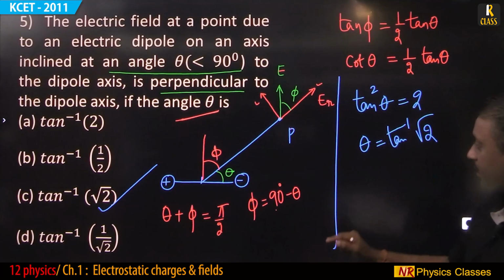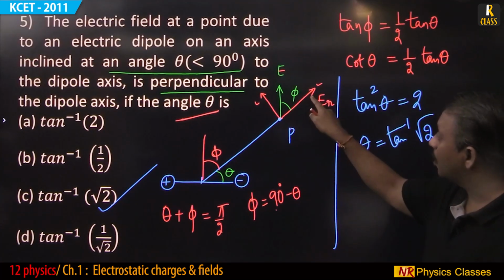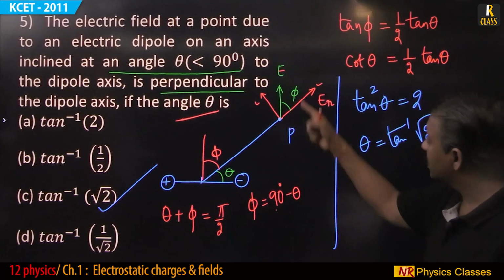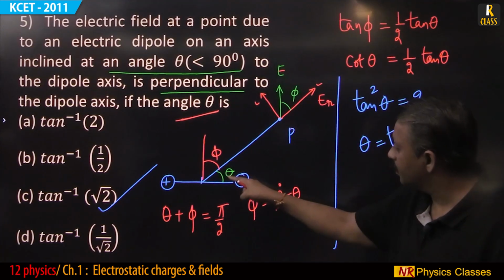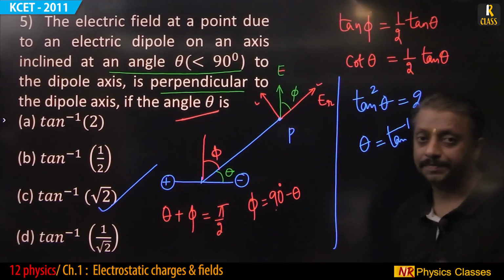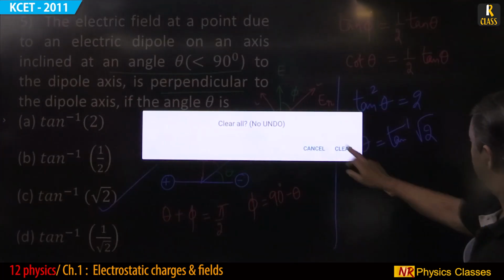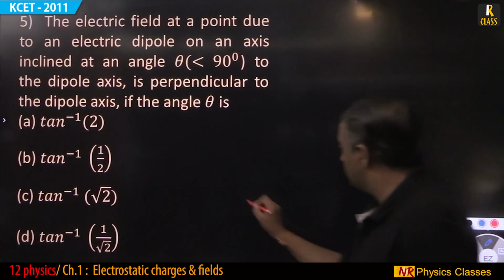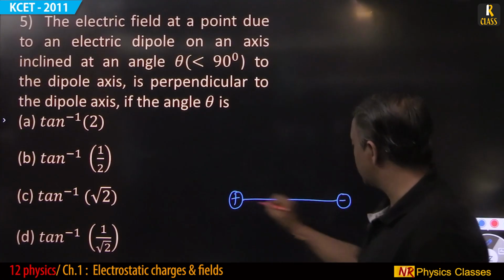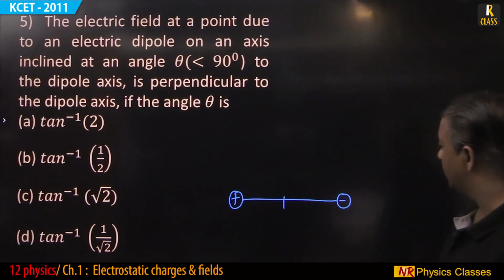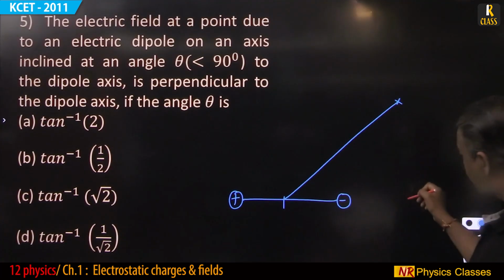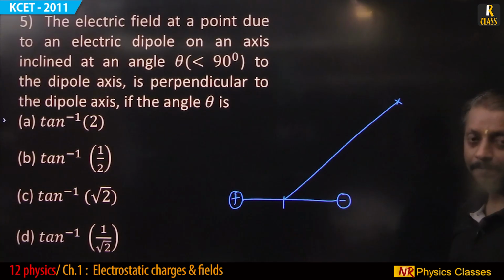Now, let me give explanation. Why this is called radial component, why this is called transverse component, and what's the relation between these two, theta and phi, and also magnitude of electric field. Positive, negative. These two are the charges. Center of the dipole. This is a point not on the axis, not on the equatorial plane.